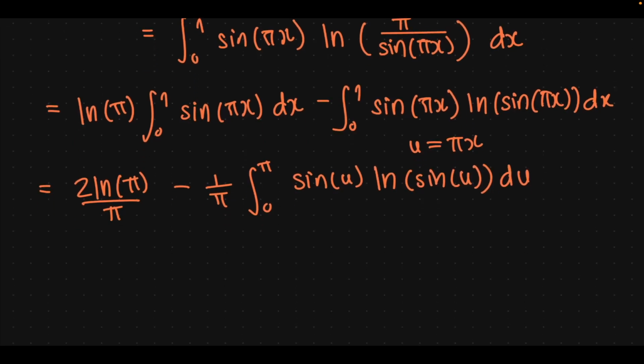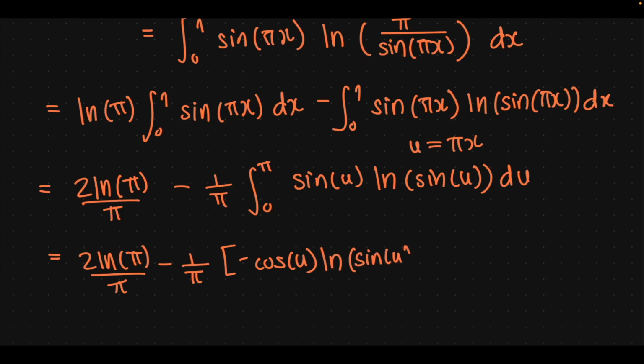And we use integration by parts on the second guy basically. So we get 2 ln pi over pi minus 1 over pi, the minus cosine from the antiderivative of the sine, ln sine u as it is, 0 to pi, plus integral 0 to pi.